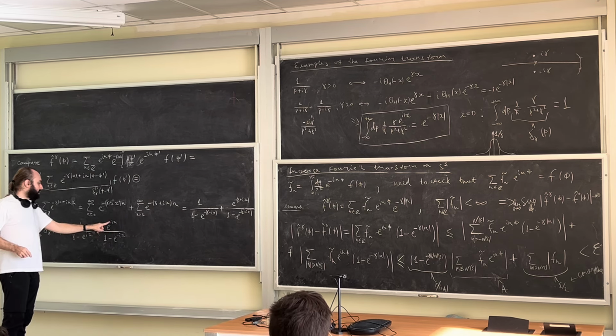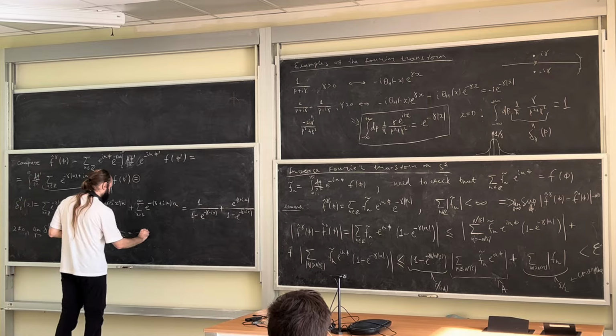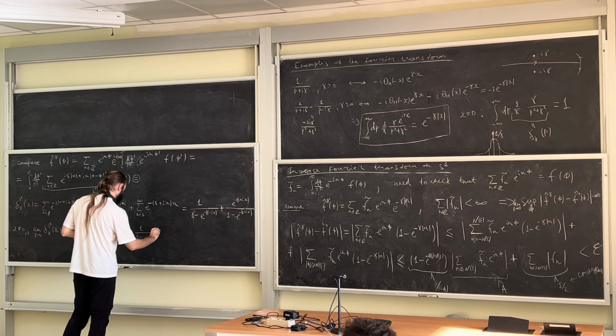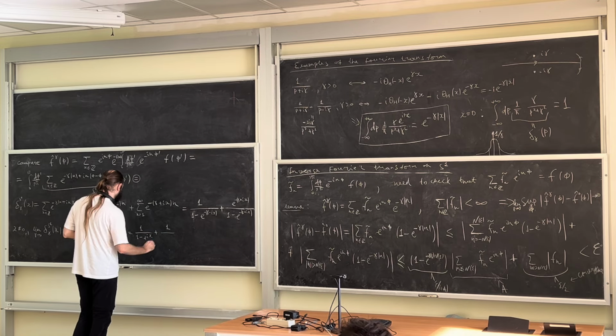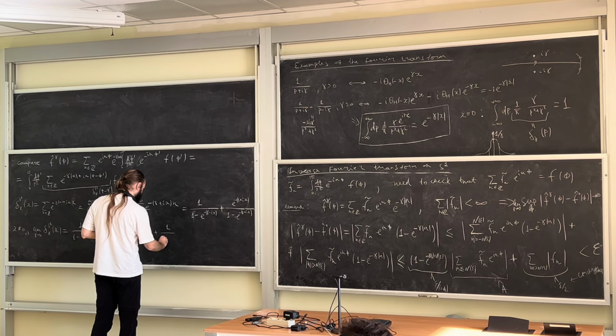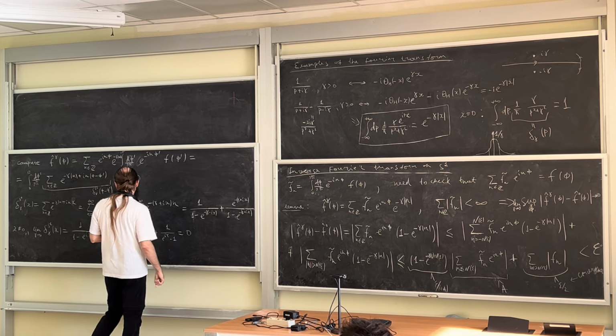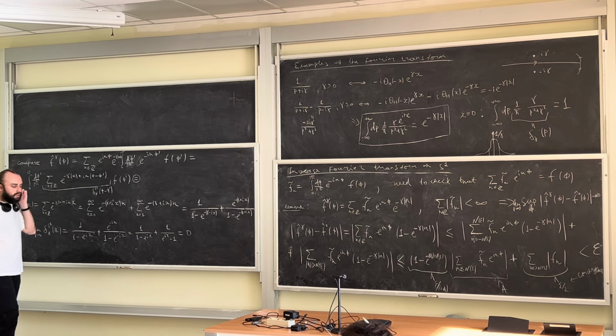So we can divide by this exponential and get the following. So this is 0, right?